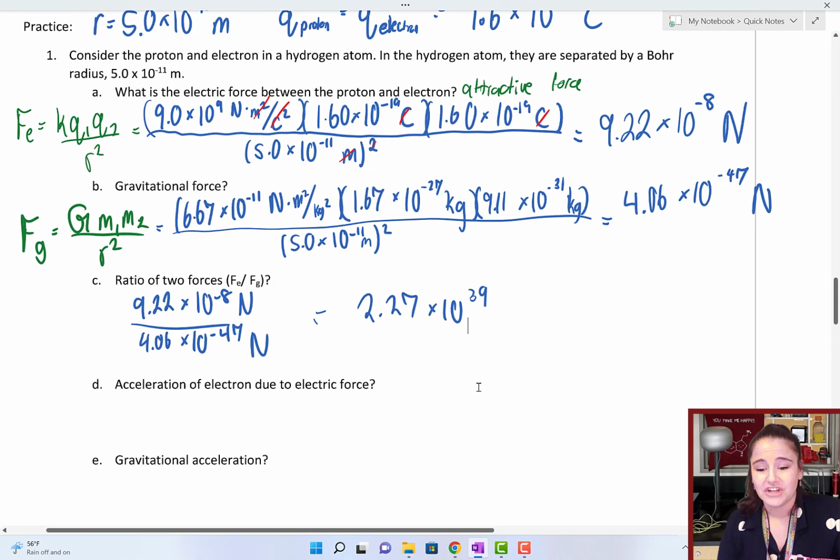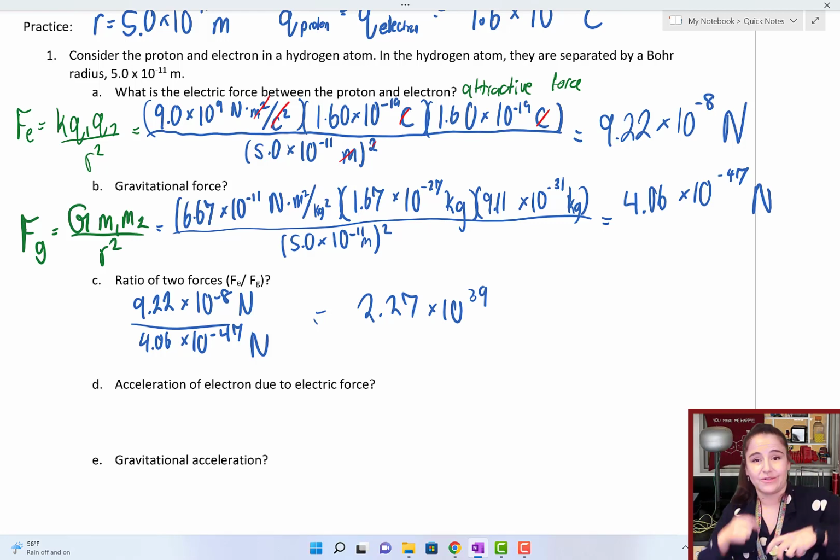To the 39 times. That is huge. So when considering the electric force between 2 objects, we do not need to consider the gravitational force between them.